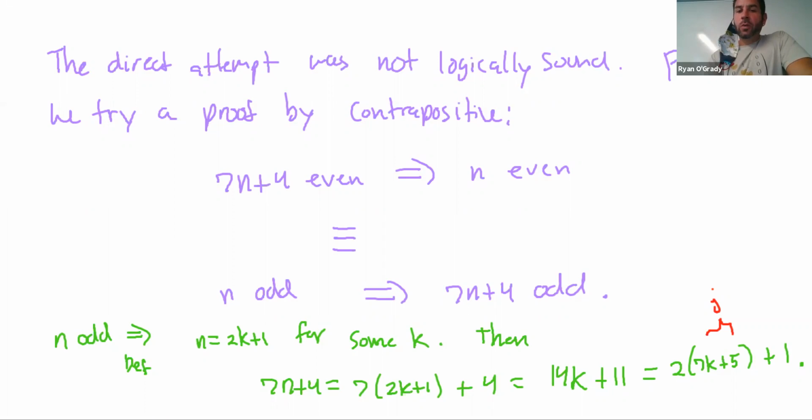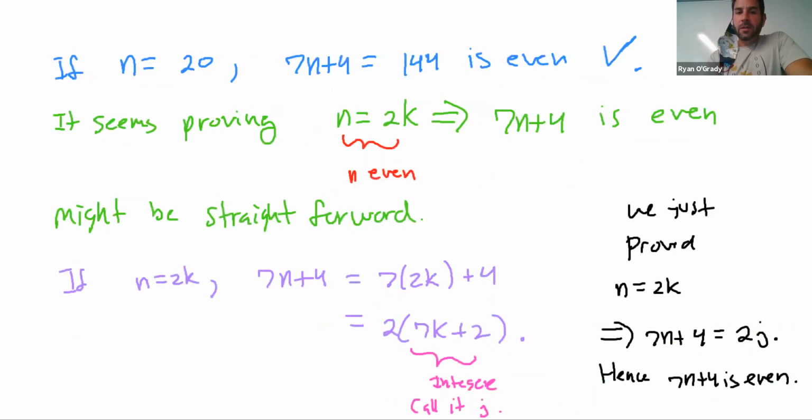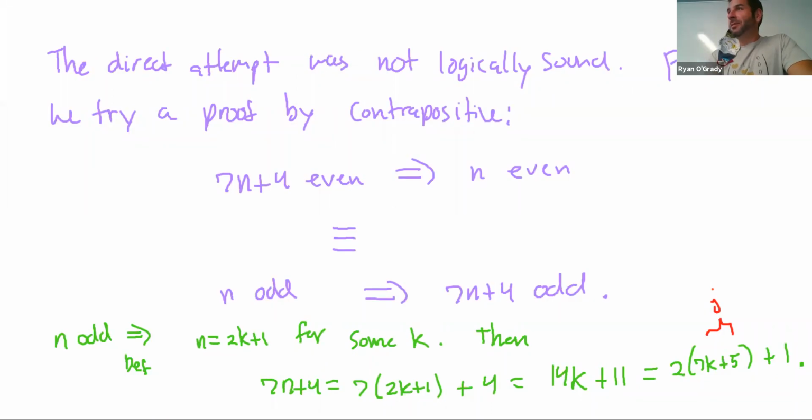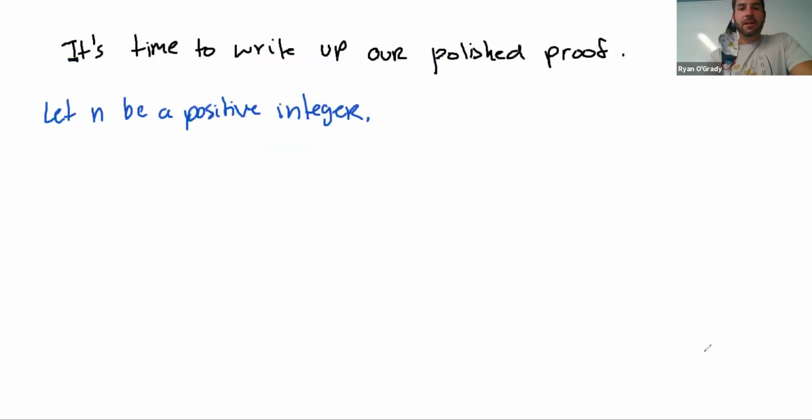That's a good question. Where did we use that assumption that it was positive? Did we need it? Was that an assumption that was unnecessary? I'll let you think about that. Anyhow, let n be a positive integer.